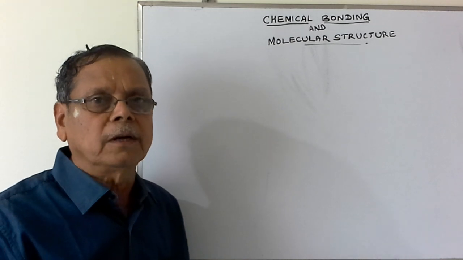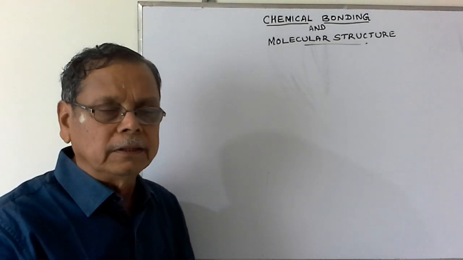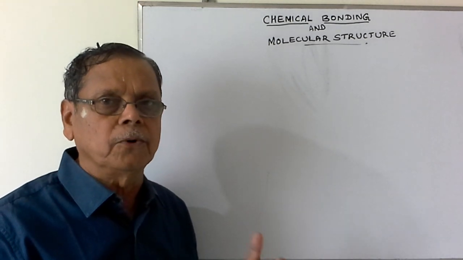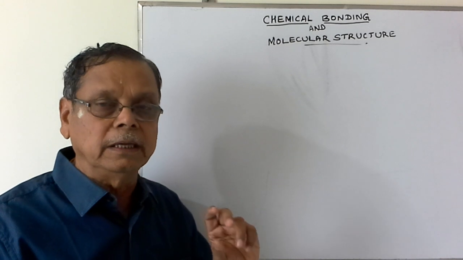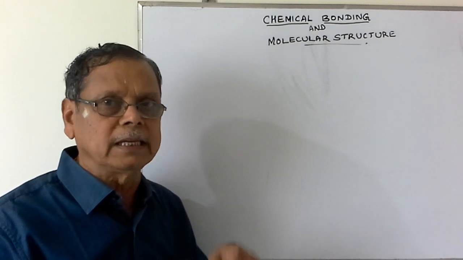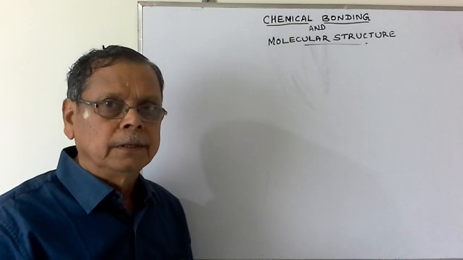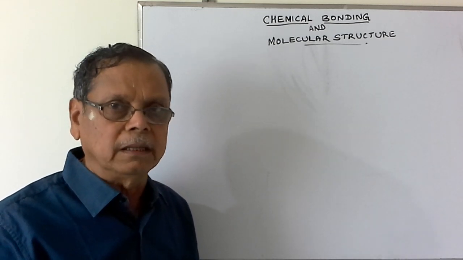And then we will go for the coordinate bond in detail, and also the properties of the covalent compounds, properties of the ionic compounds, and also we will deal with the ionic nature in the covalent molecule and covalent nature in the ionic compound. And then we will go for the molecular orbital theory.